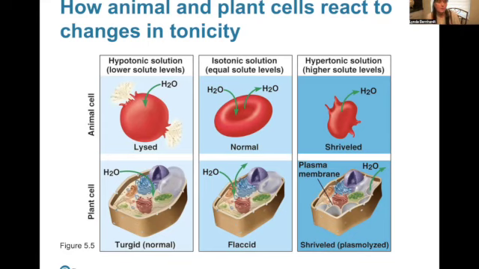For the animal cells, this is part of why the doctors are constantly, and only part of why the doctors are constantly drilling into people, lower your sodium intake, increase your water. Because the normal red blood cell is what we need.